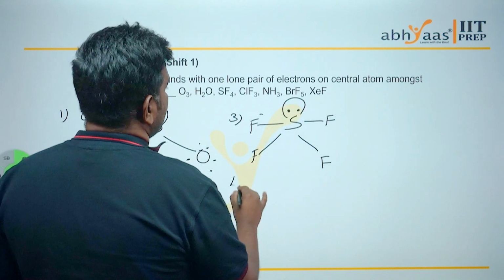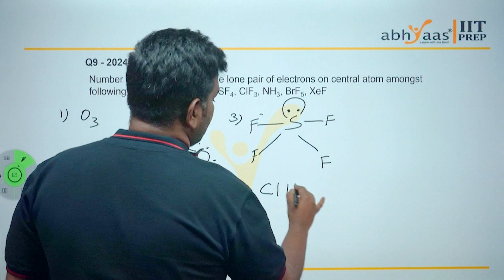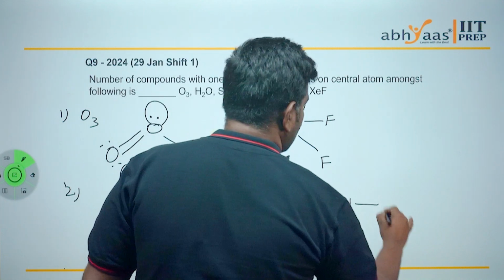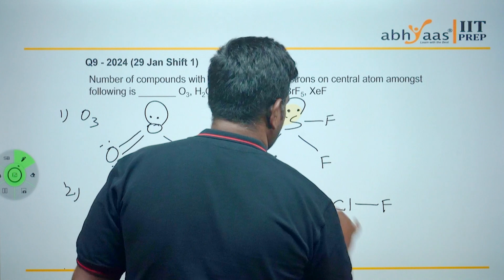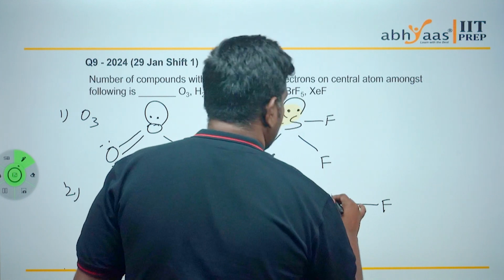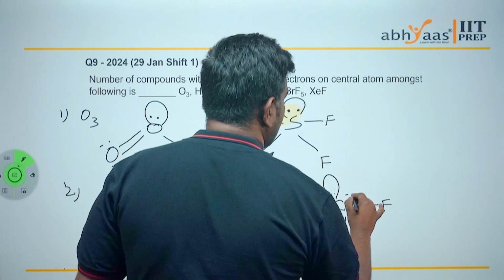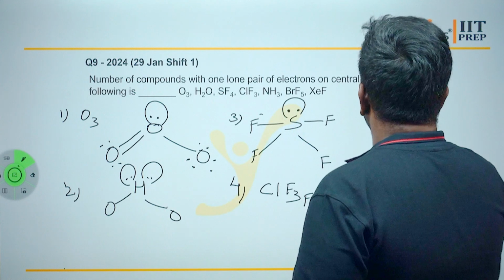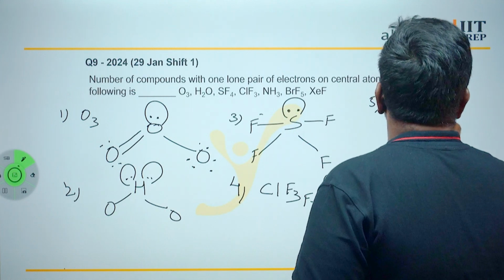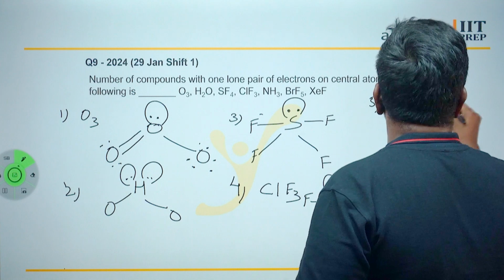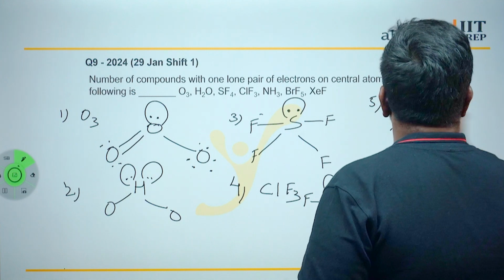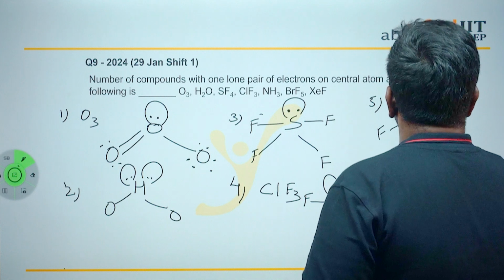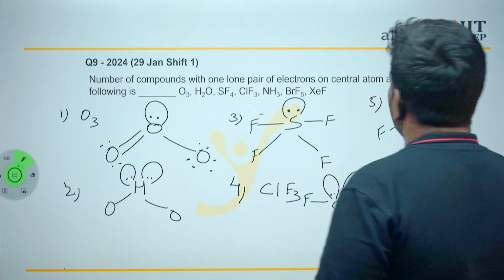Then you have ClF3. It has a T shape, and on the central atom you have two lone pairs. Then BrF5, with 5 fluorine atoms, and on the central atom one lone pair.